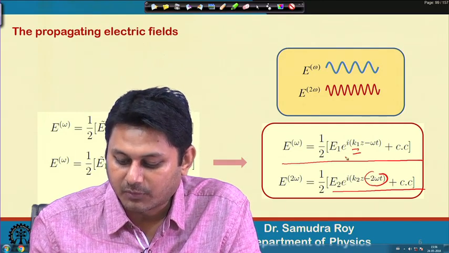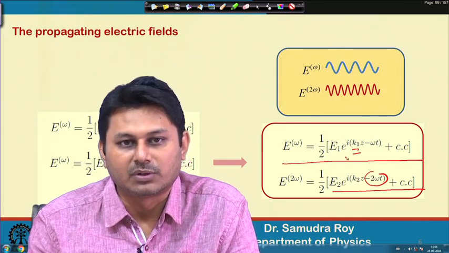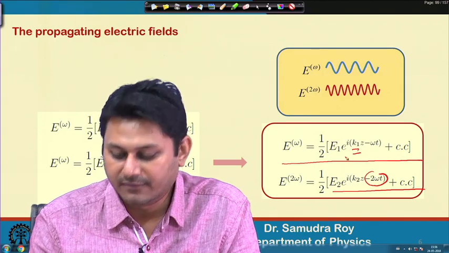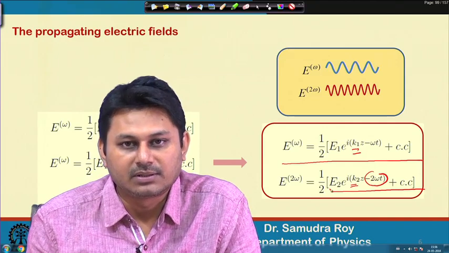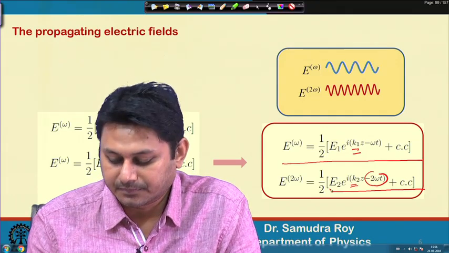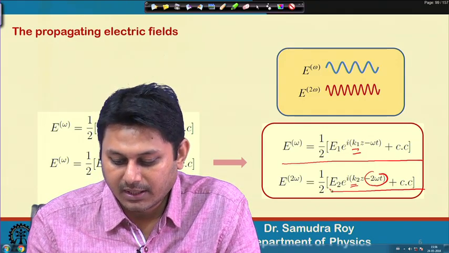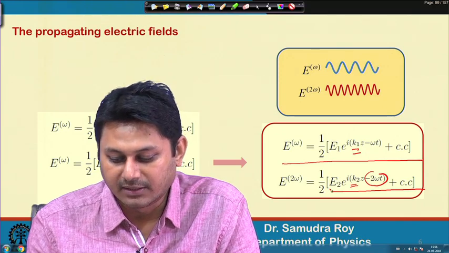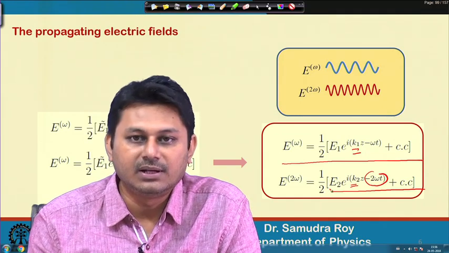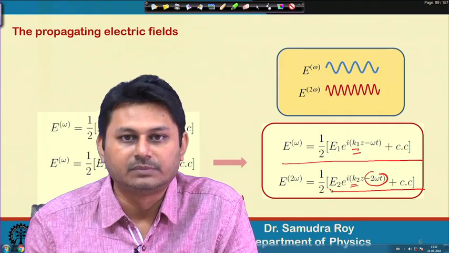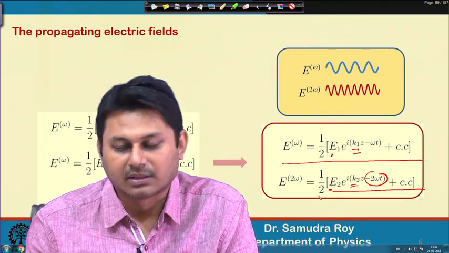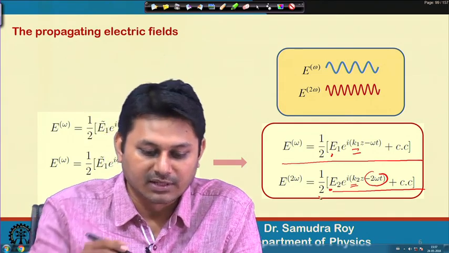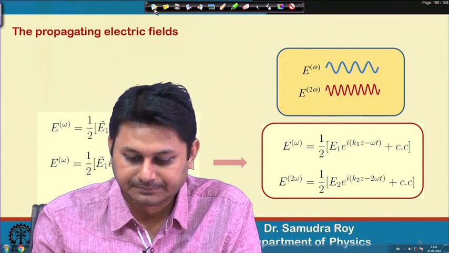K1 is the propagation constant for the frequency component omega, or the fundamental wave, and k2 is for the second harmonic frequency component. So, these E omega and E 2 omega are the electric fields, and they have this kind of form. Remember that E1 and E2 are now complex amplitudes in general.